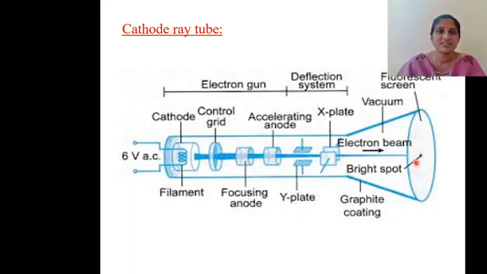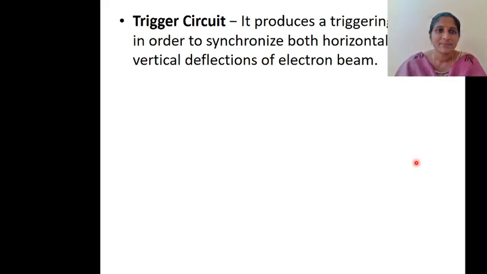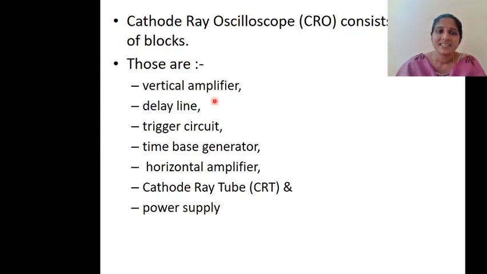So the CRO's main parts are vertical amplifier, delay line circuit, trigger circuit, time base generator, horizontal amplifier, CRT, and power supply. The vertical amplifier is used to amplify the weak signal and improve its deflection sensitivity. Next, the delay line circuit is used to provide time delay for the vertically amplified signal.